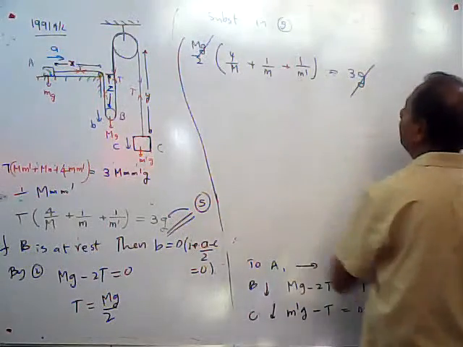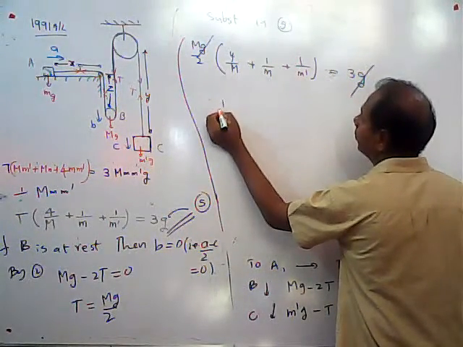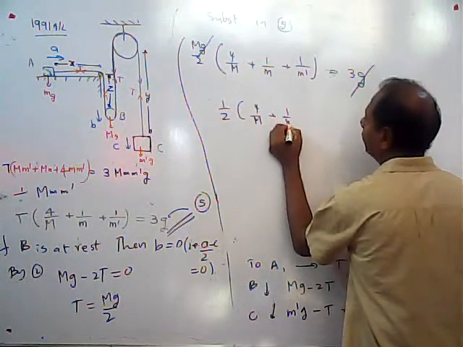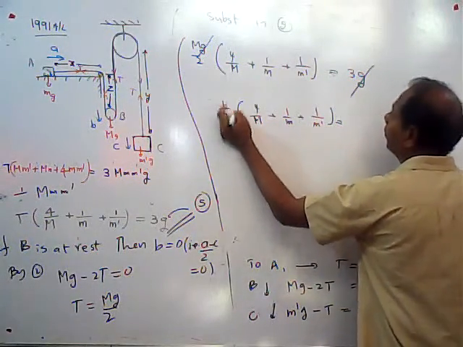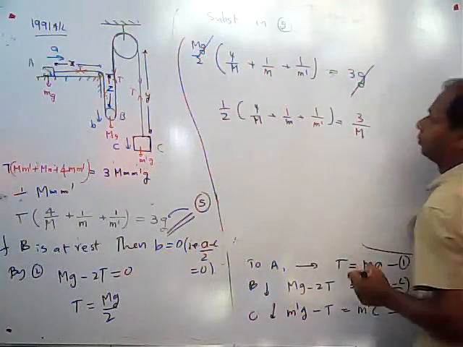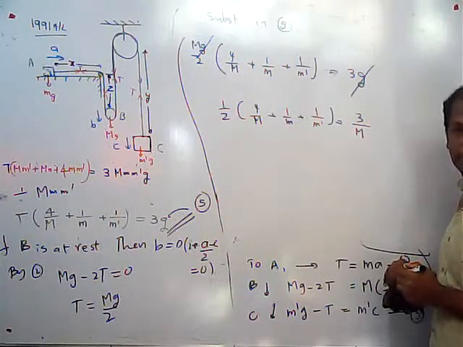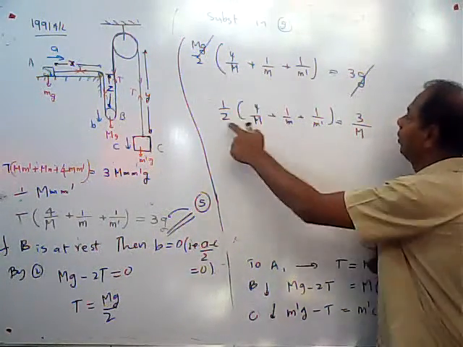You want to divide by capital M? Capital M will go to the other side and we'll make it 3 over M. Now open this.